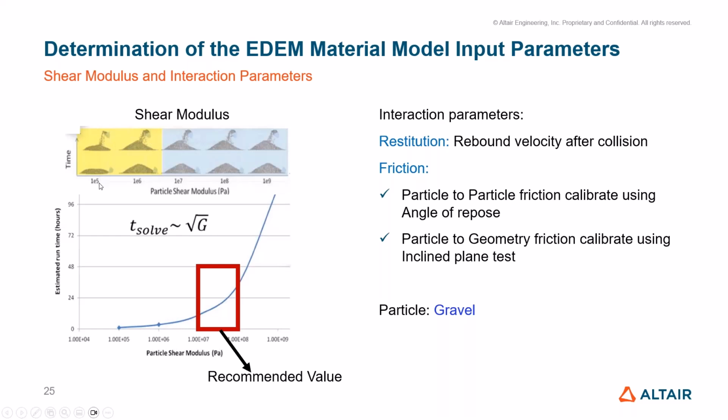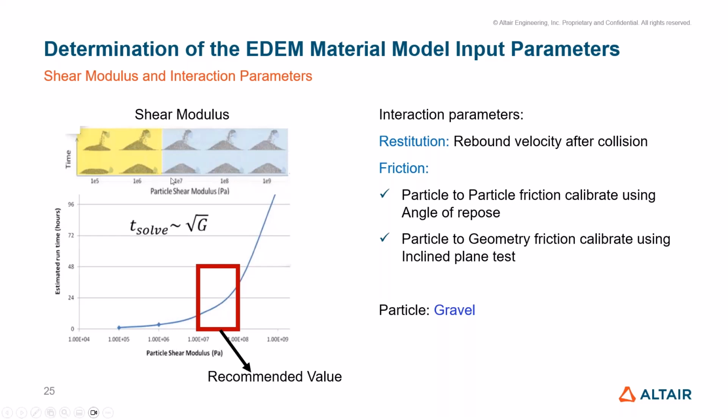If you look carefully, the physical behavior of the pile is completely different from the other 3 cases, which means with a lower shear modulus, the real behavior was not as accurate.